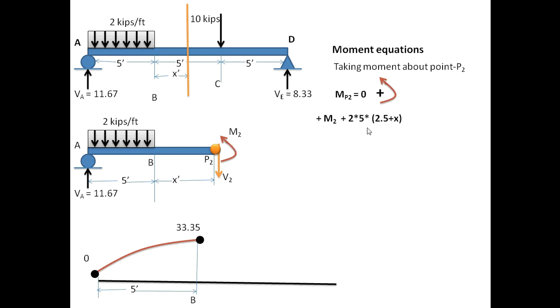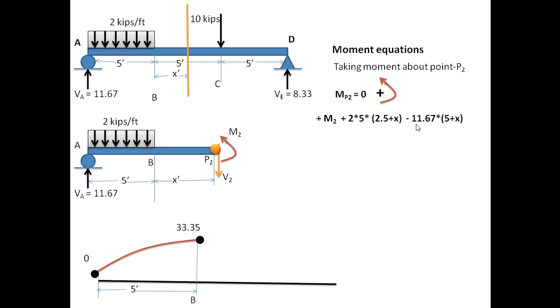This 2 into 5 is the UDL force, and 2.5 plus x, this is the half of this 5 plus x, is the moment arm about point P2 for this UDL. So it is taken as positive because this also creates counterclockwise moment about point P2.